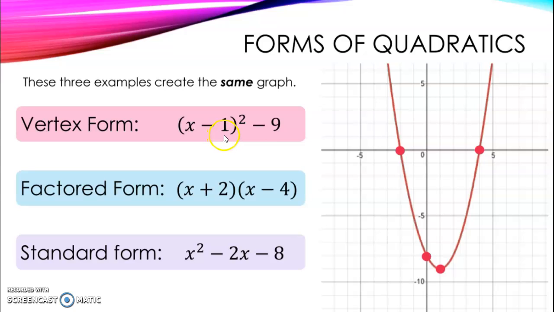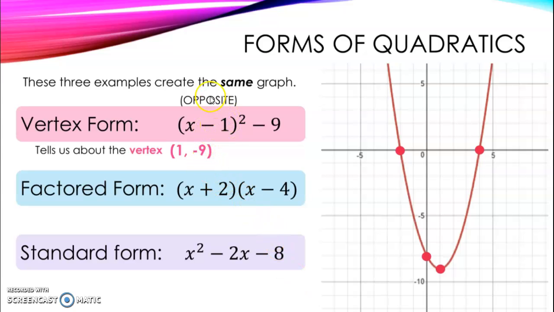So with vertex form, we're able to identify what the vertex is from this equation. And we can see from the graph that the vertex is down here at 1, -9. And in the equation, we can see that there is a -1 and a -9 there.